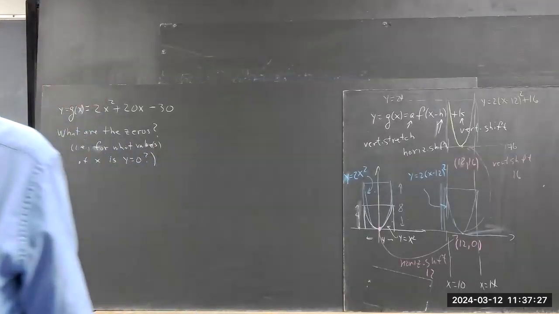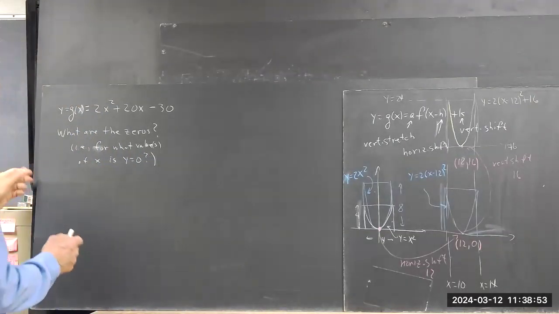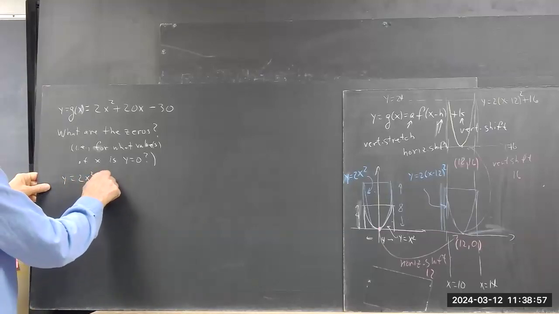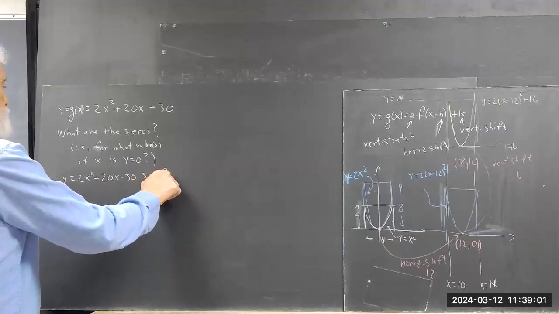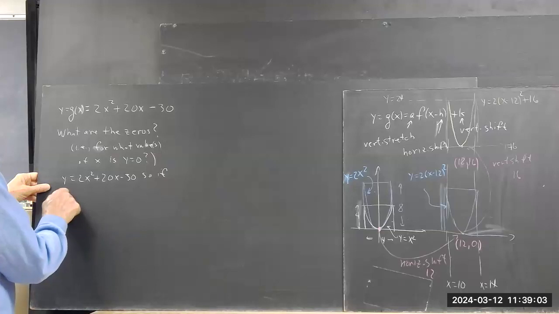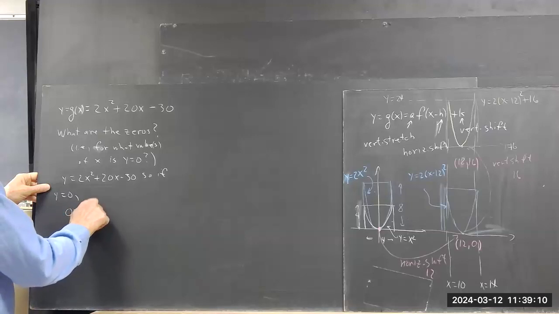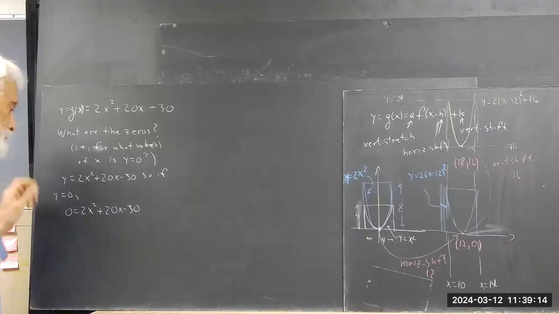So how do you find out? Well, if y equals 0, y equals 2x squared plus 20x minus 30. So y equals 0, you get 0 equals 2x squared plus 20x minus 30.